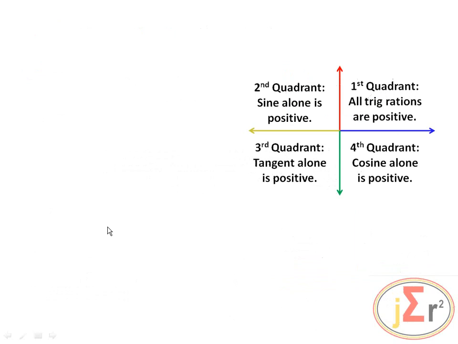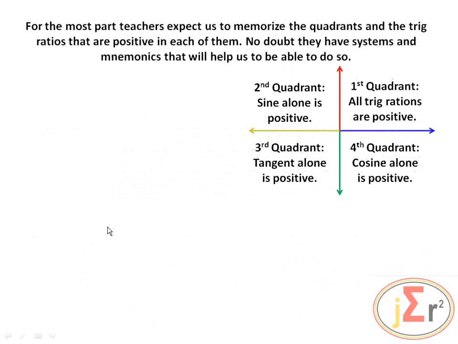There's your little chart again. For the most part, teachers expect us to memorize the quadrants and the trig ratios that are positive in each of them. No doubt, they have systems and mnemonics that will help us to be able to do so.